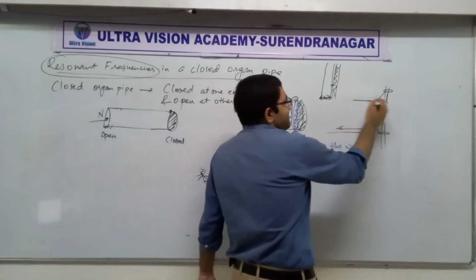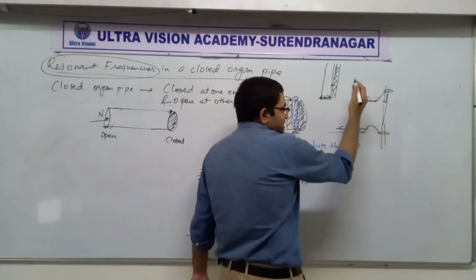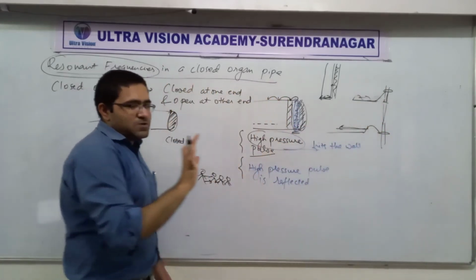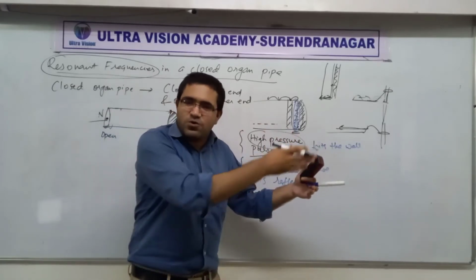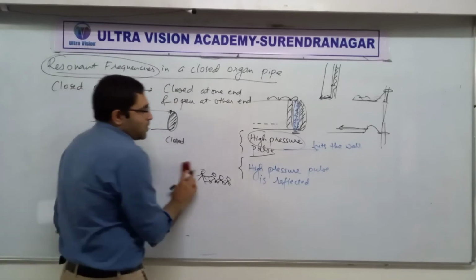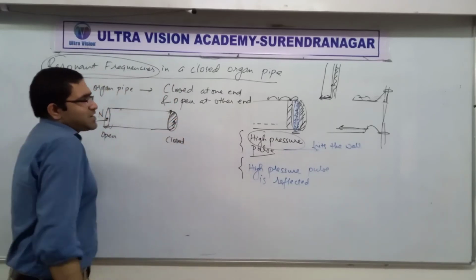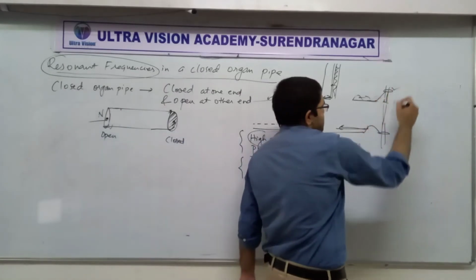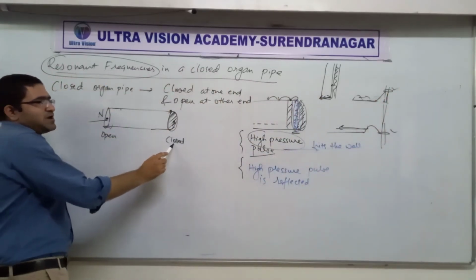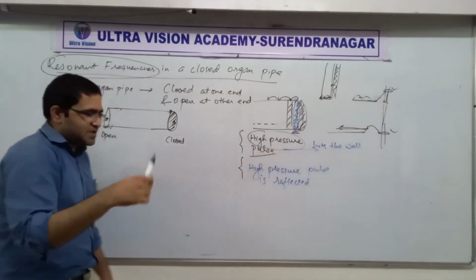Just like here everything rose up as the wave came, and now everything rises up again when the wave comes back. Similarly, everything was getting compressed as the wave goes, and then everything gets compressed as the wave comes back. So this closed point actually behaves similar to this, but in pressure waves.